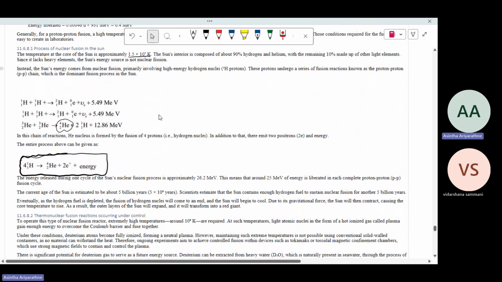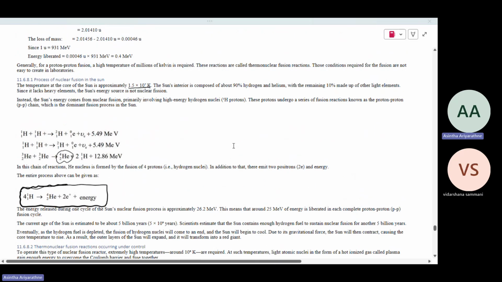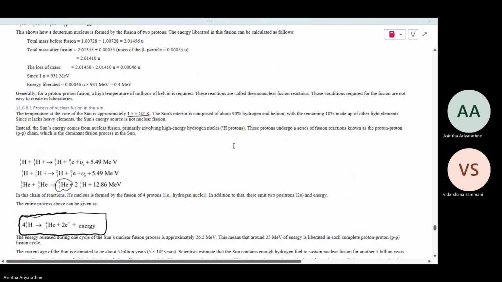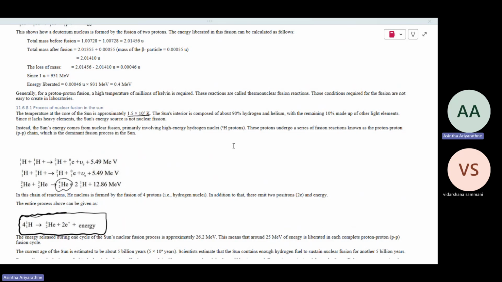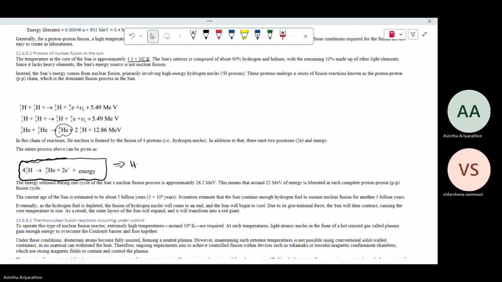So conducting a nuclear fusion process is impractical, because high temperature is required.